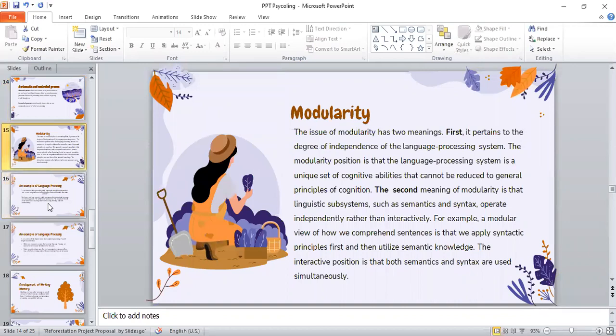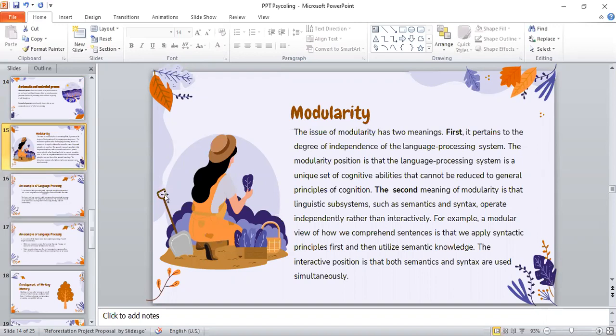For modularity, the issue of modularity has two meanings. The first meaning pertains to the degree of independence of the language processing system. The modularity position is that the language processing system is a unique set of cognitive abilities that cannot be reduced to general principles of cognition.